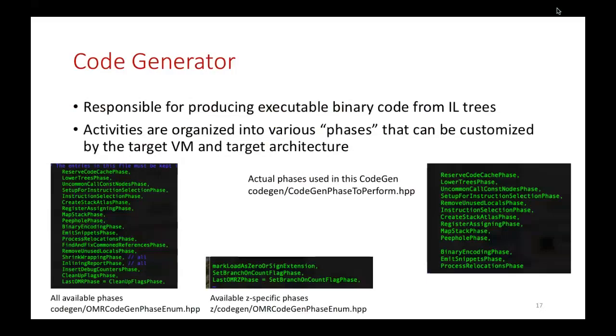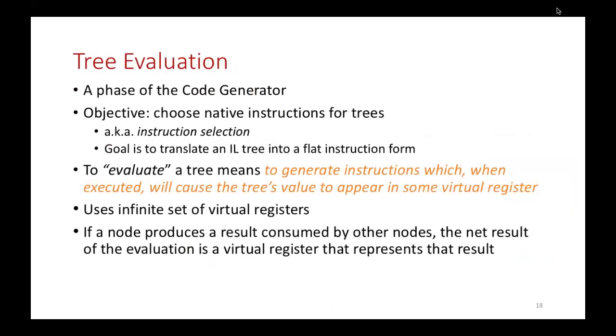This is the default ordering of the phases. The first phase is tree evaluation, and it's the thing that takes the IL trees and turns them into a flat instruction form that can be taken further into the code generation process.